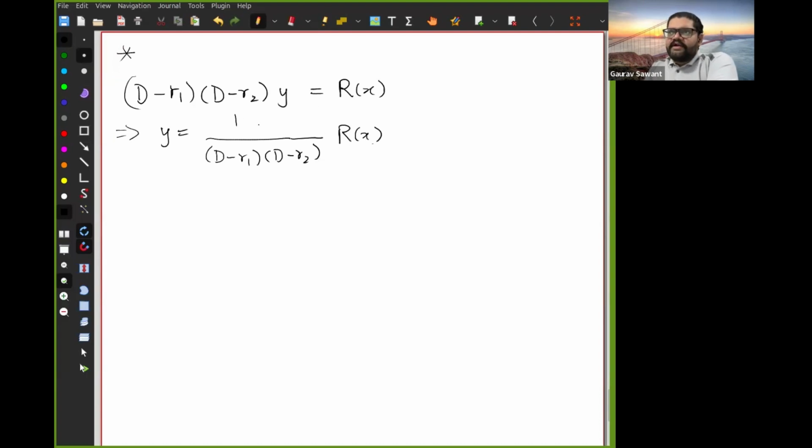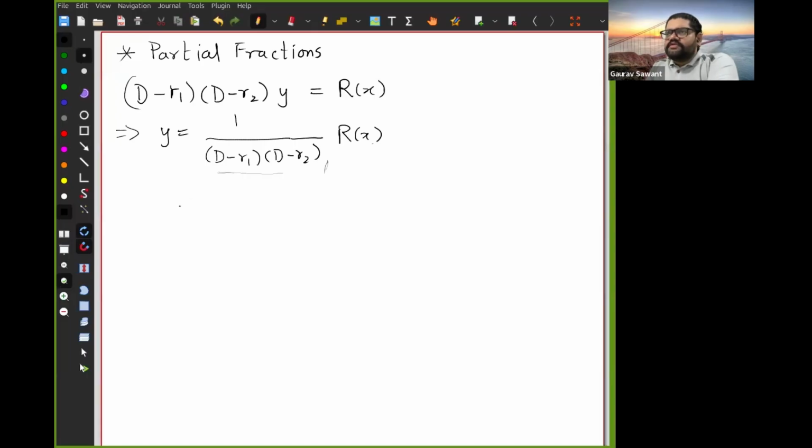So the moment you have something in the numerator and a product in the denominator, we use partial fractions. You will have to break this down into a sum of individual linear factors.